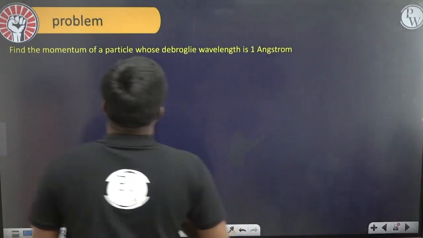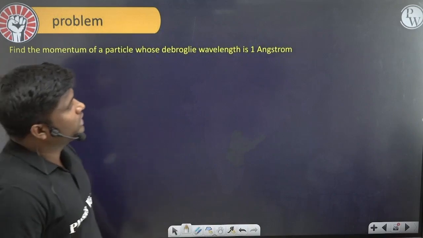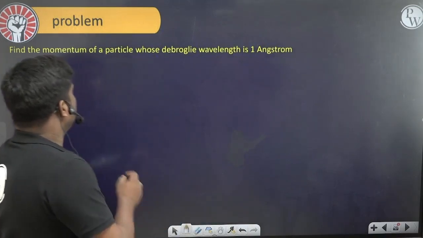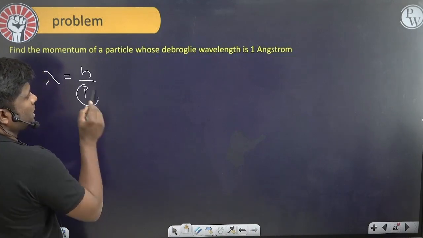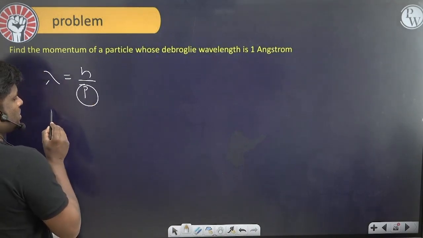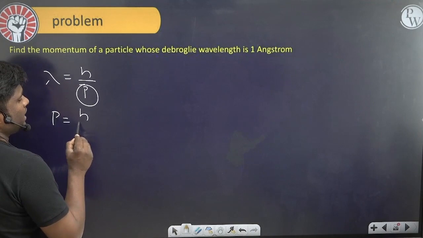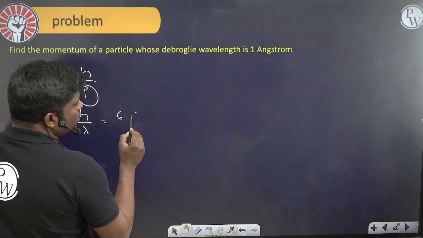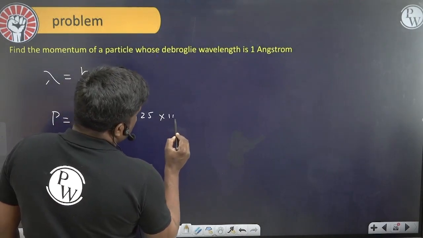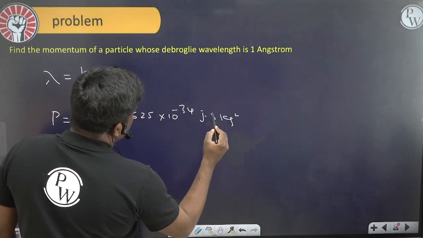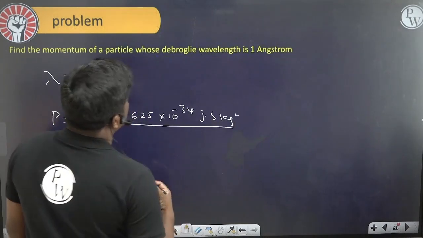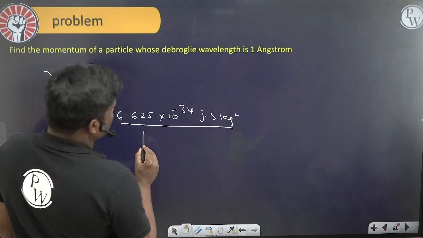Find the momentum of a particle whose de Broglie wavelength is 1 angstrom. Lambda is equal to h by p, and we are asked to calculate p. The de Broglie wave equation gives p is equal to h by lambda. h is equal to 6.625 into 10 to the power minus 34 joule second, divided by the lambda value, 1 angstrom.